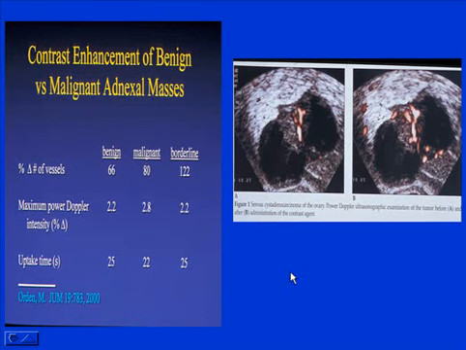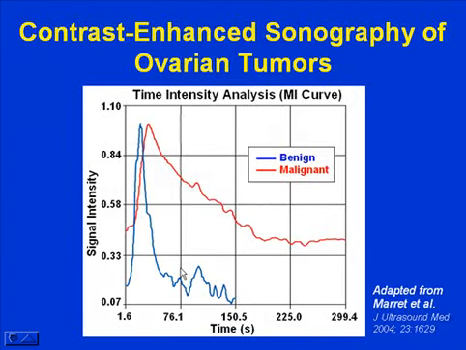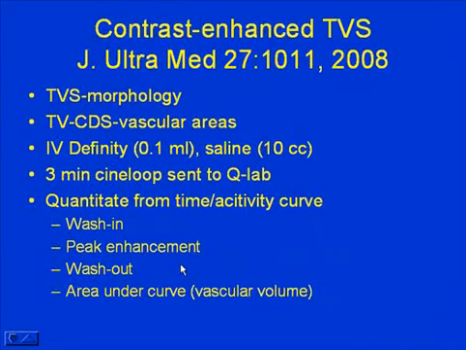The first study was from Finland, where they used Doppler, and Doppler has the problem of decreased temporal resolution and blooming, but they did find a difference in uptake time in tumors versus non-tumors. And this is a follow-up of their study showing that tumors had overall increased intensity and longer dwell time. This is a study from France which confirmed that.